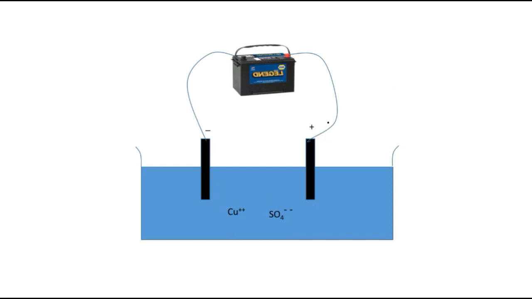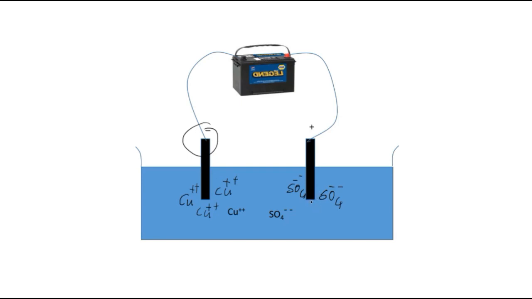So after some time you will find more of the copper plus plus all attracted towards the negatively charged rod, that is the negative electrode, and all the SO4 minus minus will be near or attracted to the positively charged electrode.